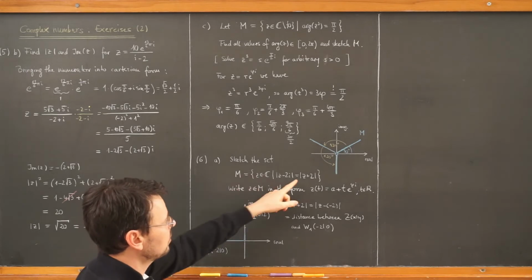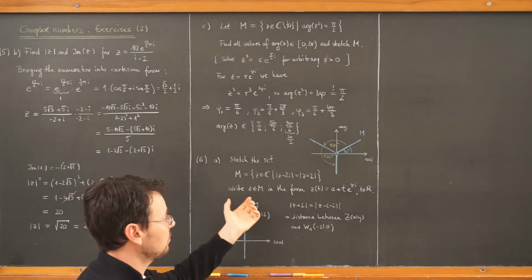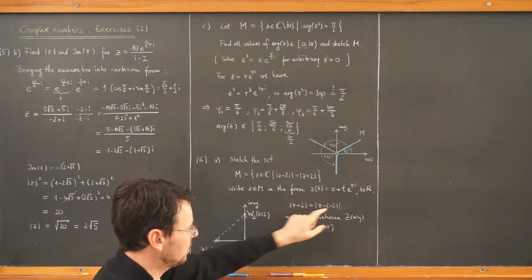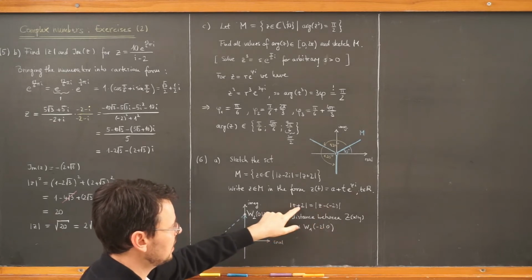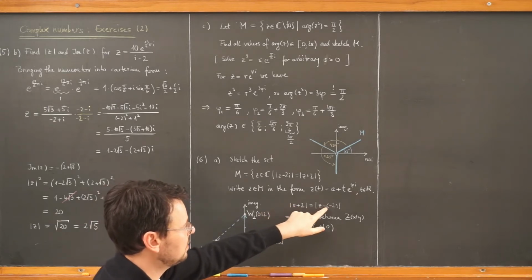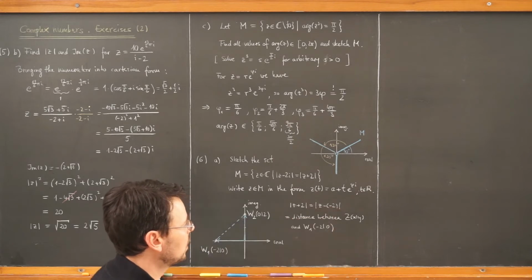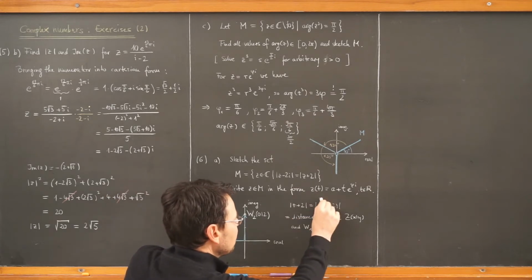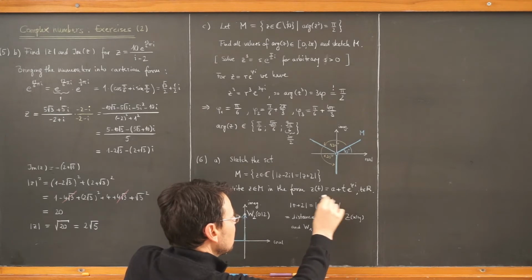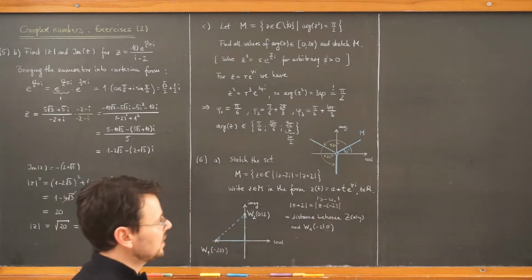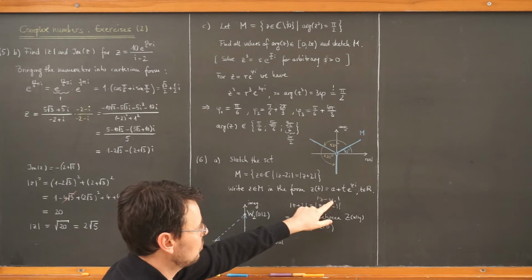Okay, to really see what's happening here, if you haven't seen this before, it's important to write this here slightly different. z plus 2 is the same as z minus minus 2. And now we have here something of the form z minus another complex number w1.